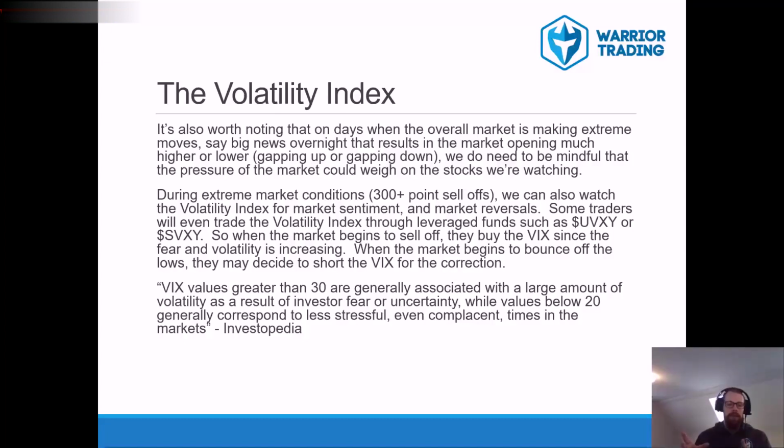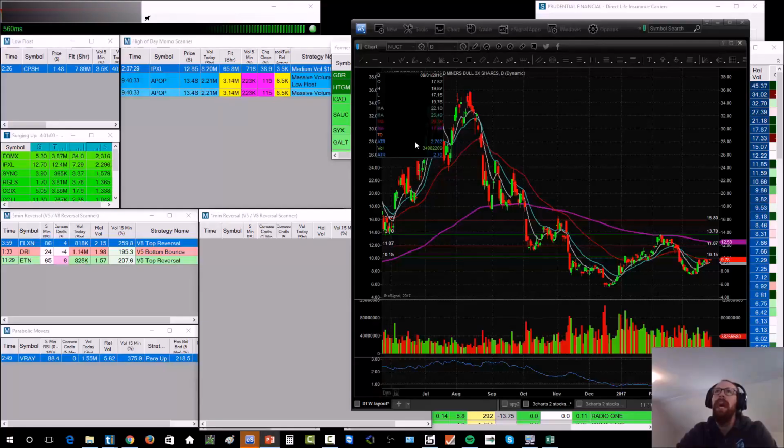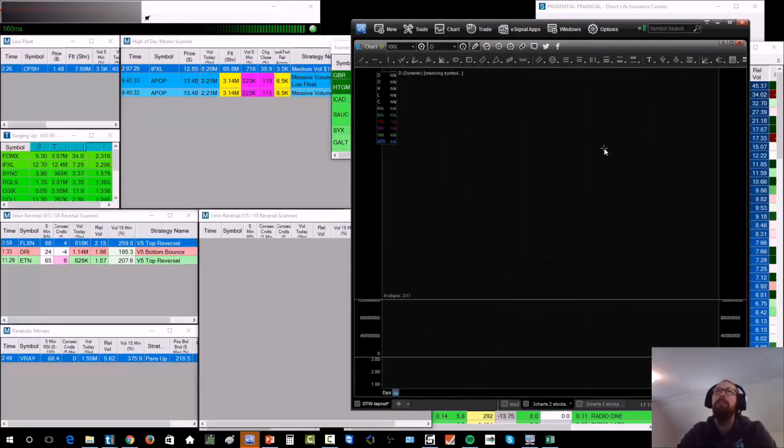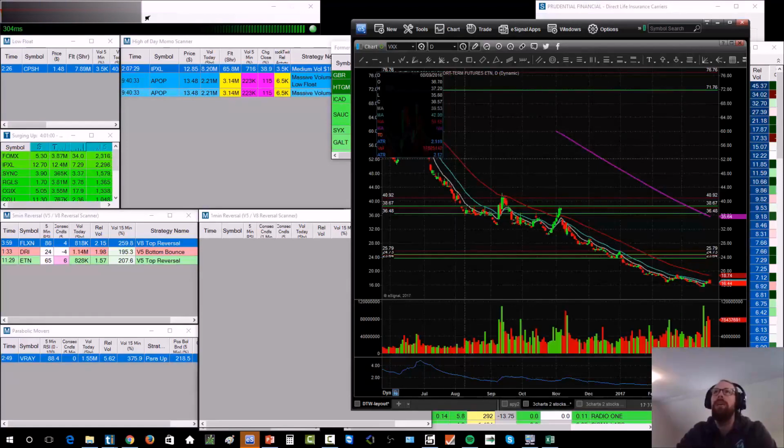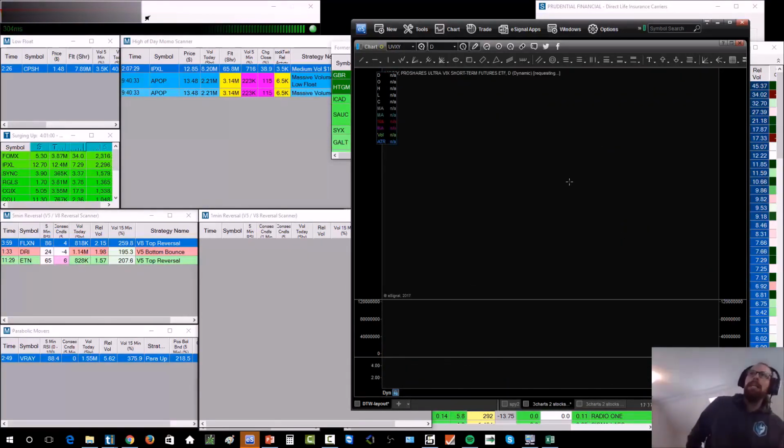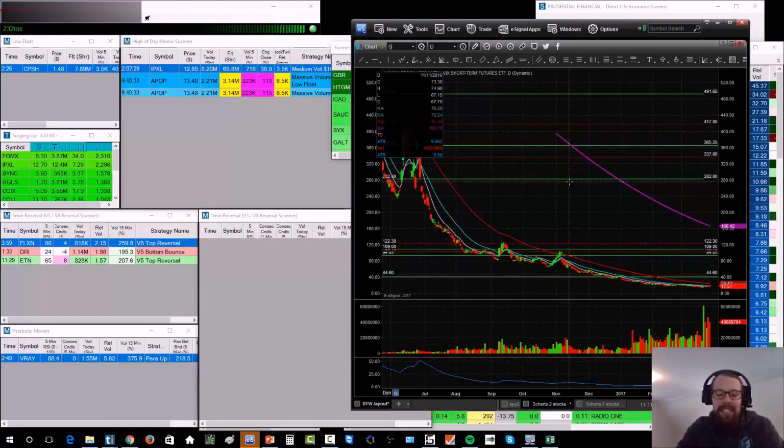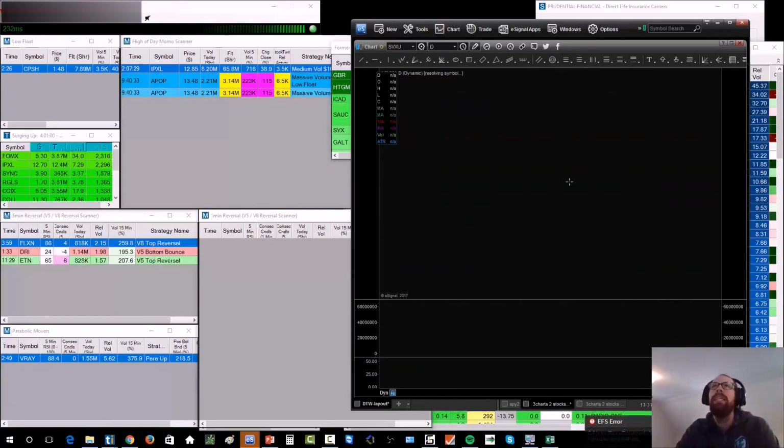And interestingly, you can trade inverses, where you have the VIX and then the VIX inverse. When the VIX goes down, UVXY goes up. So this is VIX, and then UVXY is the same as VIX, and SVXY is the inverse of the VIX.